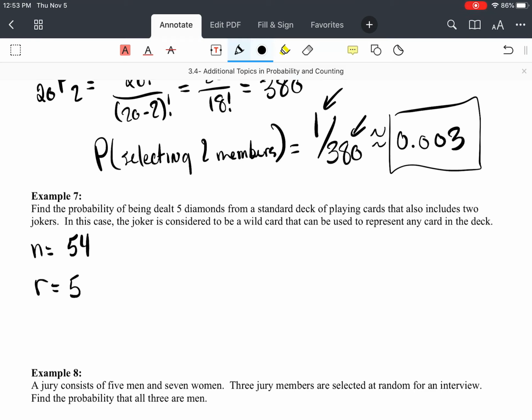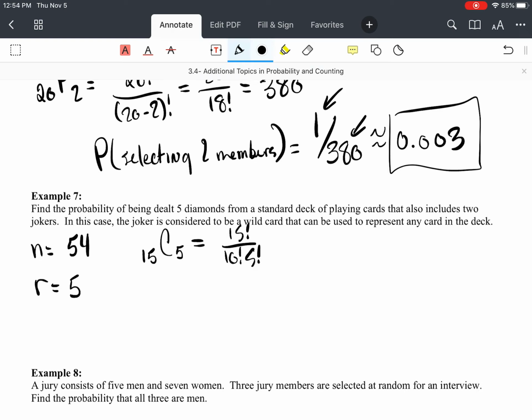So the first thing we're going to look at is how many outcomes we could have of choosing the 5 diamonds from the deck. We don't care about order here. There are a total of 15 possible diamonds in the deck, and we're choosing 5. So we just want 5 of the 15 possible diamonds.